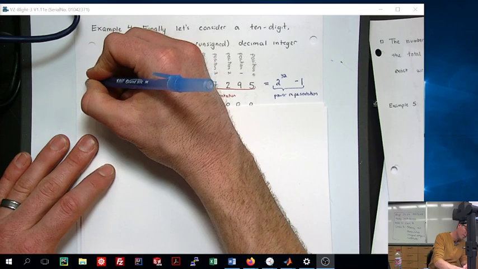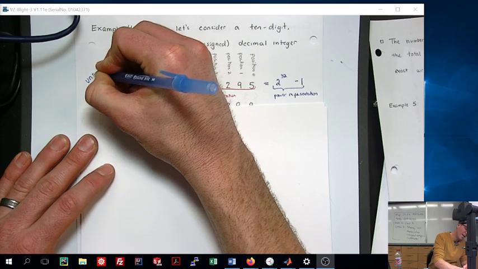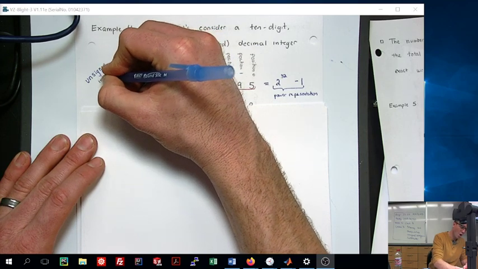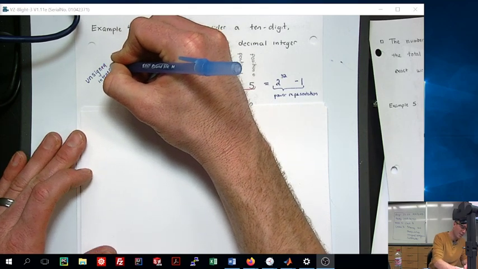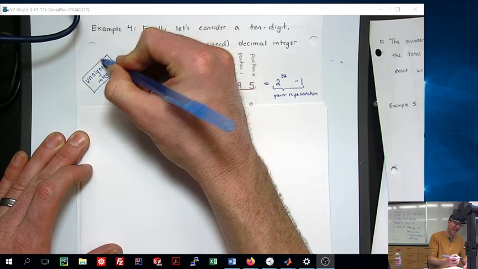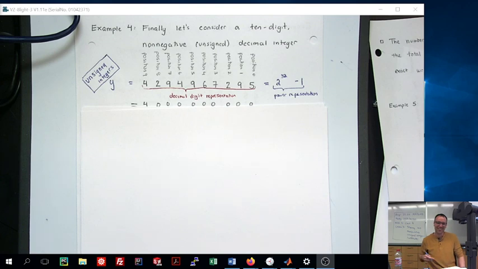Unsigned integer. So mathematicians say non-negative. Computer scientists might say unsigned integer. All computer scientists are mathematicians. Not all mathematicians are computer scientists. Ha! Take that. I'm not going to say computer scientists are better people.